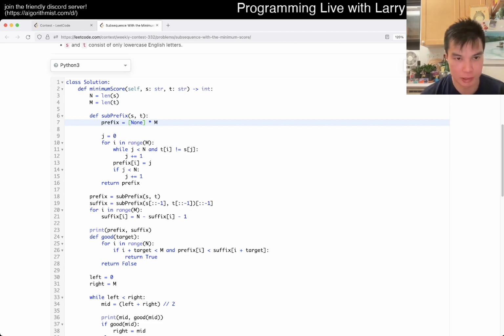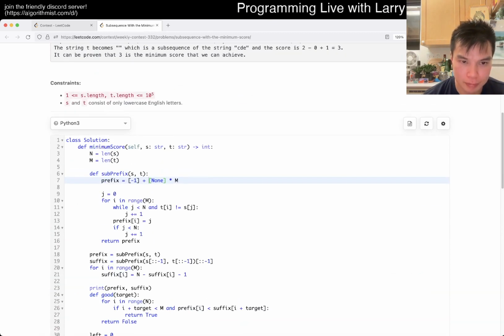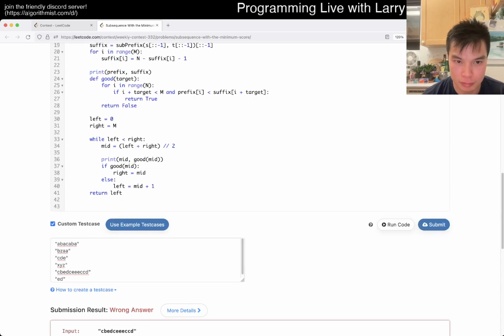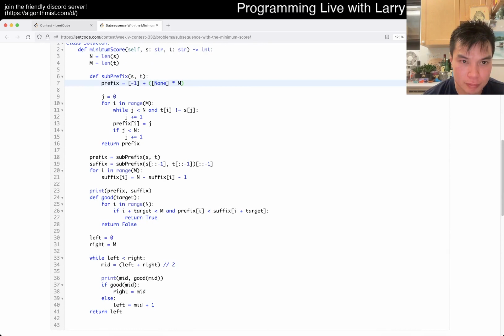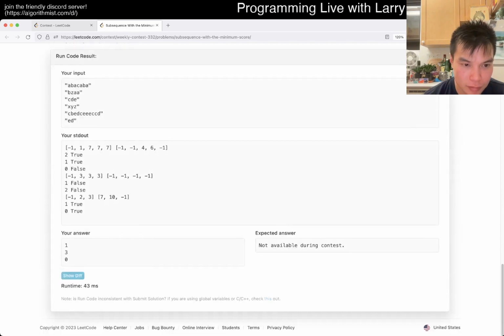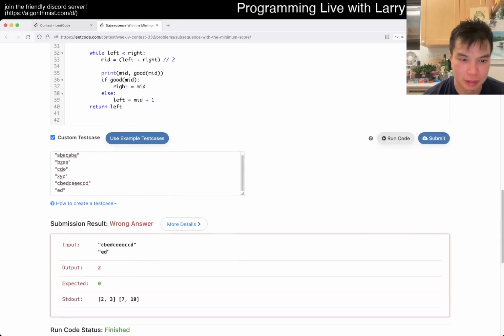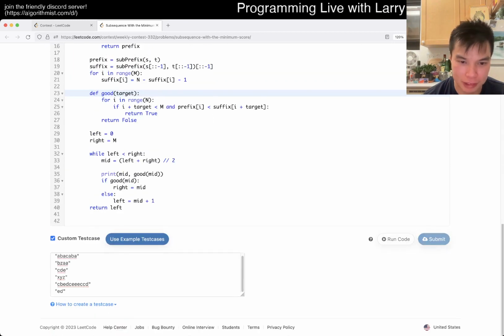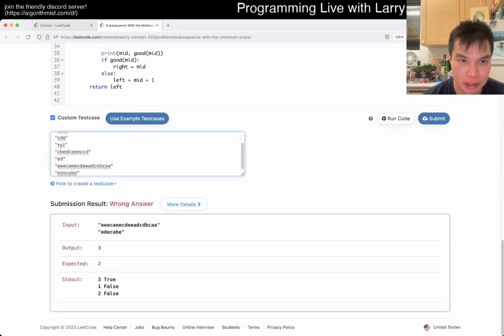Because I'm not counting the null character. Okay. Is this good enough? I don't know. Let's give it a YOLO. Ah, man. Also, I left the print statement in, so it would have been sad anyway.